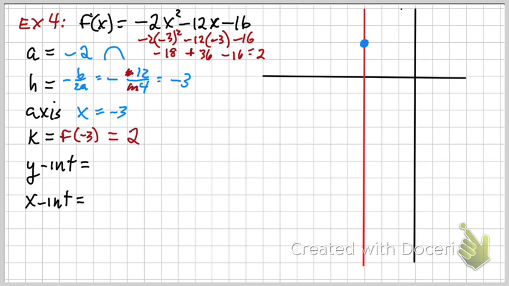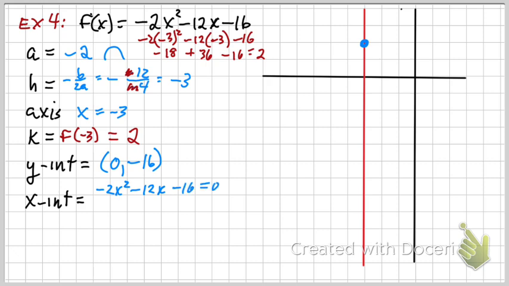Y-intercept, if I put zeros in for my x's, I'm just left with negative 16. I can't graph it, but here's where it would be. And now we need to find some points. So the first thing I would do, I could use a quadratic formula, but I'm looking at that, I'm seeing 2, 12, 16, set to 0.